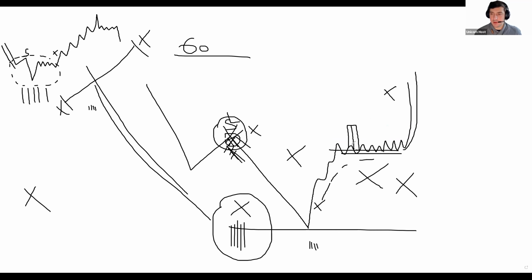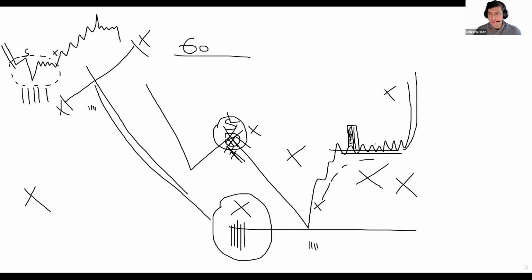So you have maybe a green candle here, and then a red candle straight away. So what you have is a strong move up, a strong move down straight away.